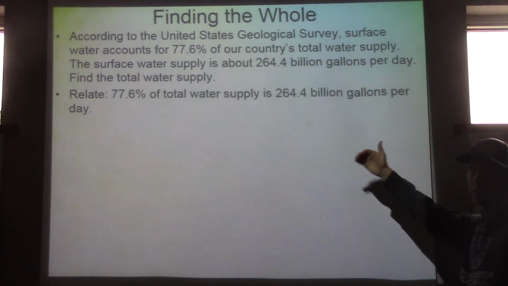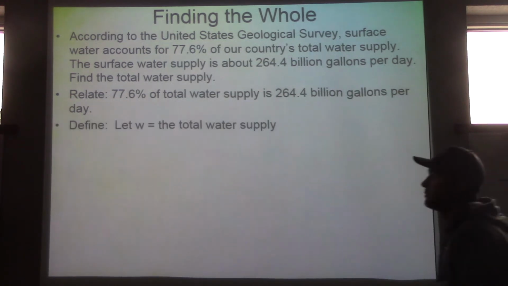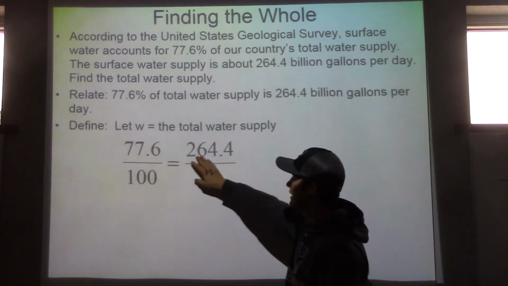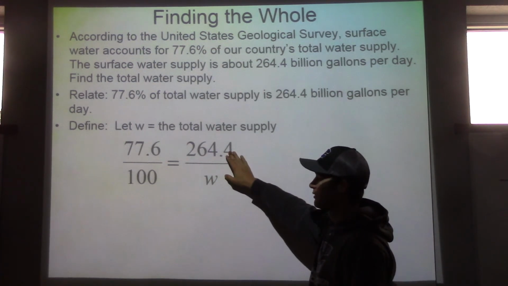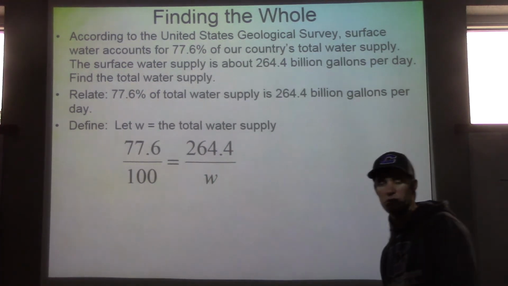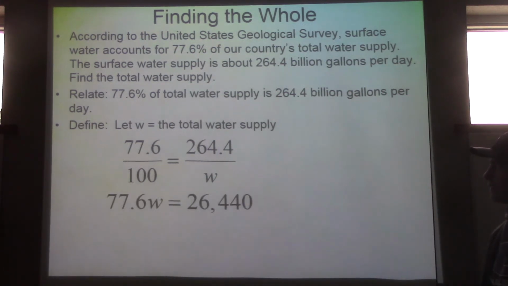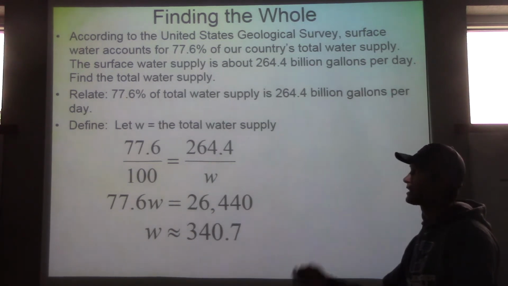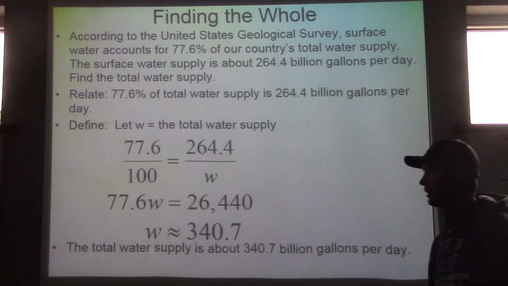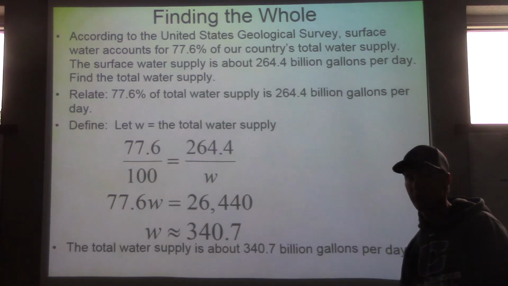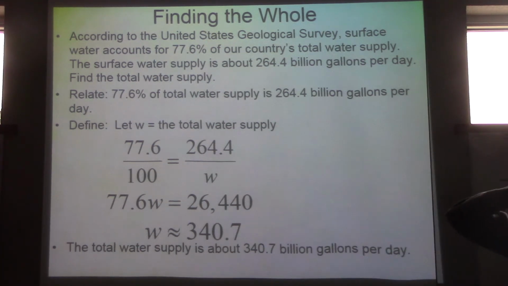We don't know the of, so that's going to be our variable. So 77.6 over 100 is equal to 264.4 over W, the total water supply. Cross multiply, and then divide. So it'd be about 340.7 billion. All right, so the total water supply is about 340.7 billion gallons per day.